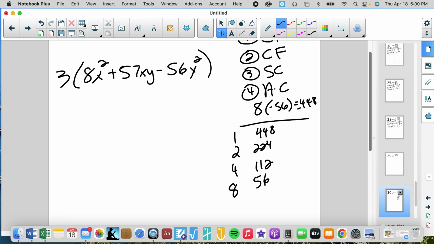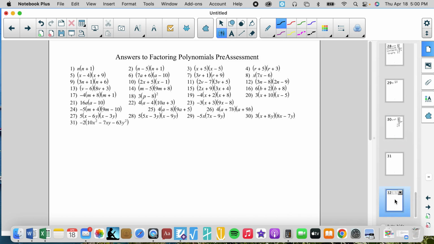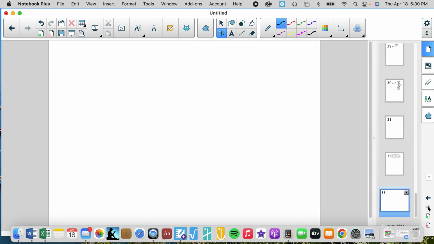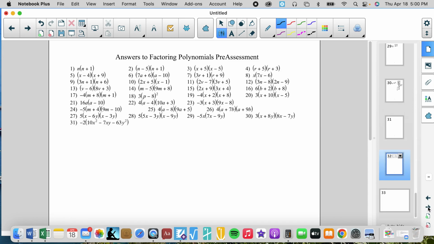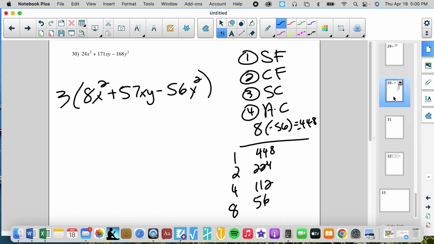Is this going to be unfactorable? Is that all we do for this one? No. I made a mistake, right? We definitely factor a 3. Did I do that wrong? 3 times 8 is 24.